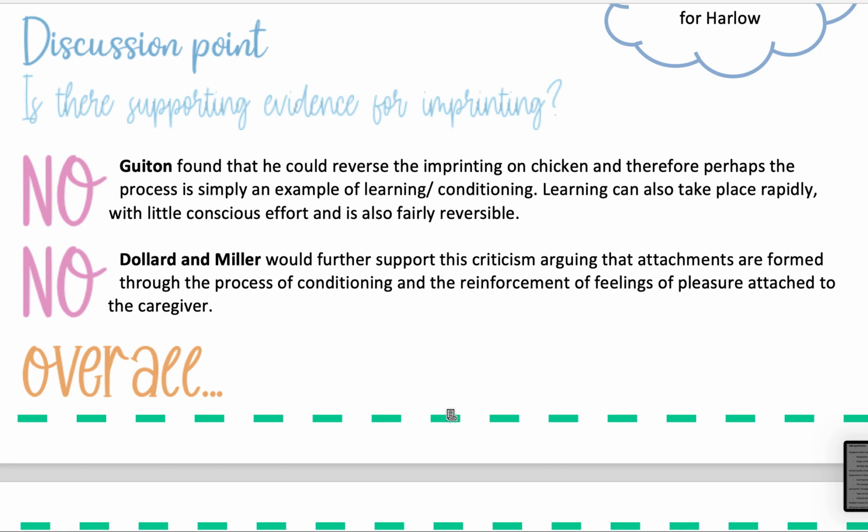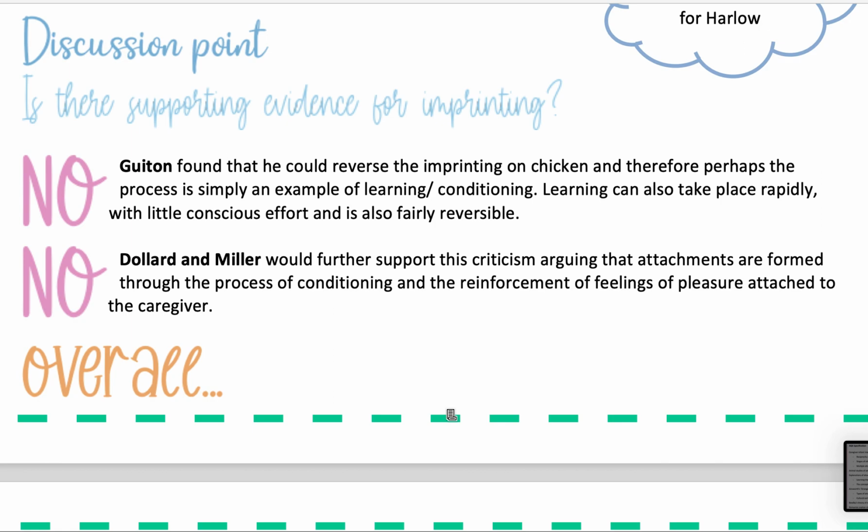Then when they got older, they learned that they weren't supposed to do that and had normal mating behaviour. So this tells us that it's fairly reversible and suggests that it might not be fully biological, because it wouldn't really make sense that they were forming an attachment with an inanimate object.